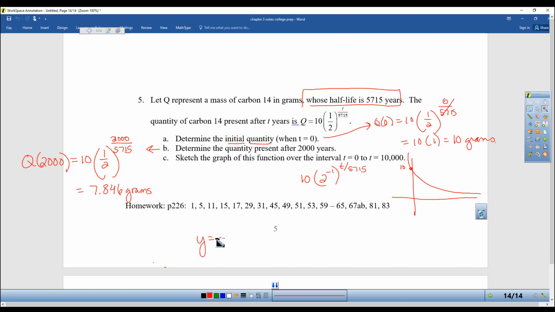So y equals e, or any number a, to the x is always going to look like this, and then a to the negative x is going to look like this. So it's decreasing and going over to 10,000. You don't have to actually find that number. You just have to know the general shape when it says sketch.